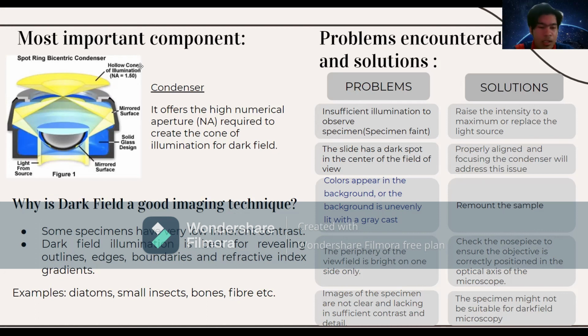That's why we have many types of microscopy, which are more specific to certain organisms. So not all microorganisms can be seen under dark field illumination. Bear in mind, only some examples can be seen in the dark field microscope.